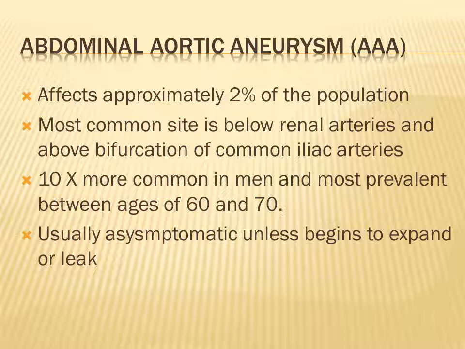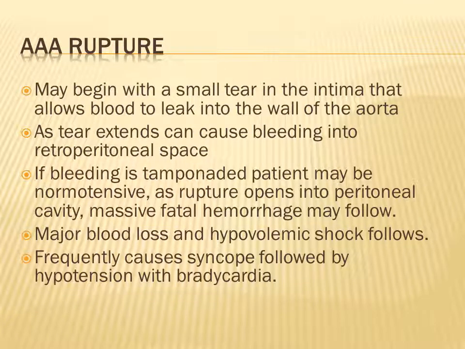Most of the time, patients have aneurysms and they are actually asymptomatic until their aneurysm begins to expand or to leak. And a lot of the time, their symptoms are due to that blood leakage, which causes inflammation such as peritonitis. What happens when it ruptures? The tear expands.